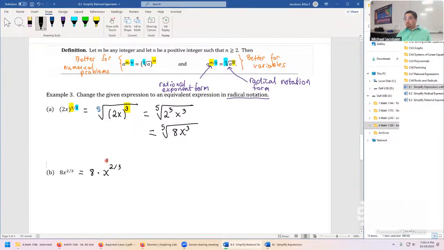We have to deal with the exponent part first. This one's going to turn into a cube root due to that denominator. So this just becomes 8 times the cube root of x to the power of 2. The numerator power goes on the inside using this formula here. The denominator, just like on every problem we've done in this section, tells us which root we're taking, cube root in this case.